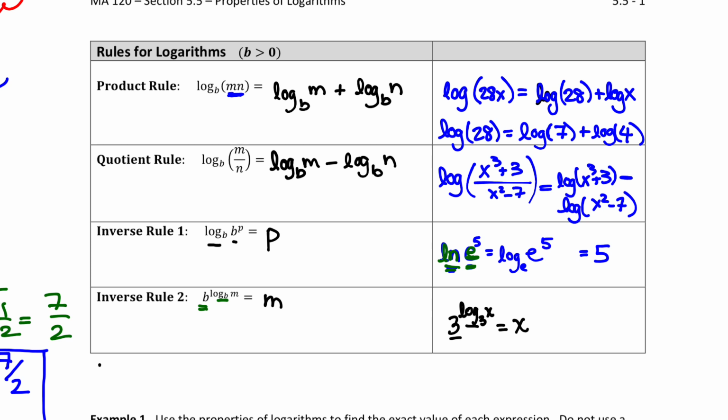There's one more rule I forgot to put on here, which is extremely powerful and is used all the time in calculus as well. That's called the power rule. And the power rule is as follows.